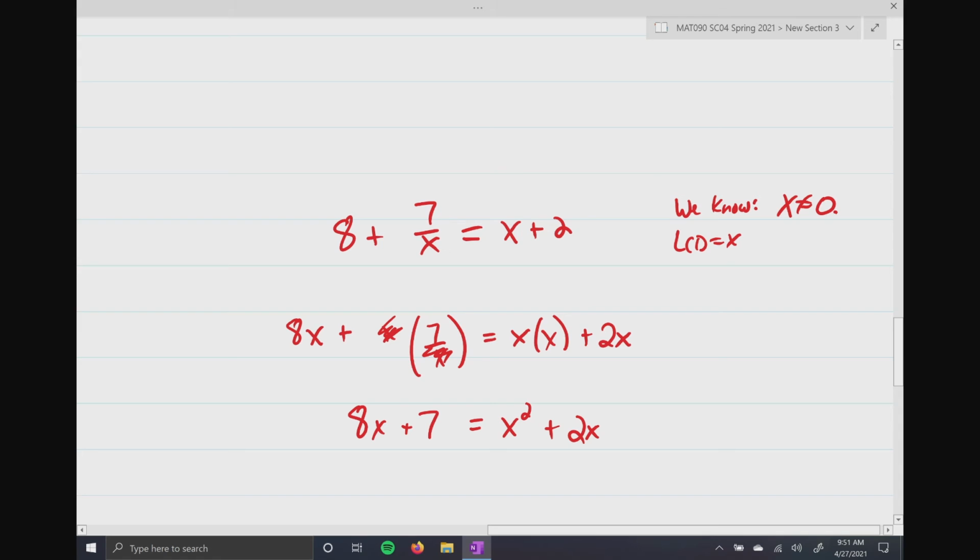Now, I don't know about you, but there is something that is jumping off the screen at me right now to solve this problem. What is the one thing that I see that I'm like, oh, I know exactly how to solve this problem? I'm already thinking 3 steps ahead. Can anybody tell me?